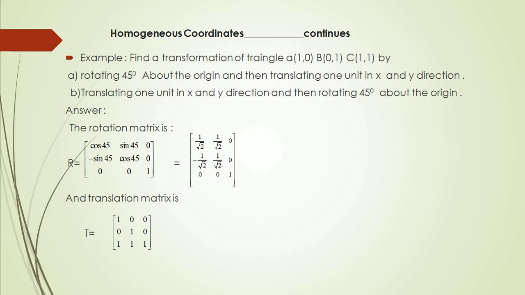The result is 1 upon root 2, 1 upon root 2, 0, minus 1 upon root 2, 1 upon root 2, 0, 0 0 1. Then the translation matrix is 1 0 0, 0 1 0, and 1 1 1. Here the translation matrix has 1 1 because the values tx and ty are equal to 1.